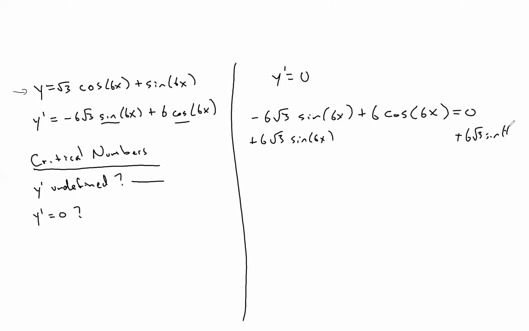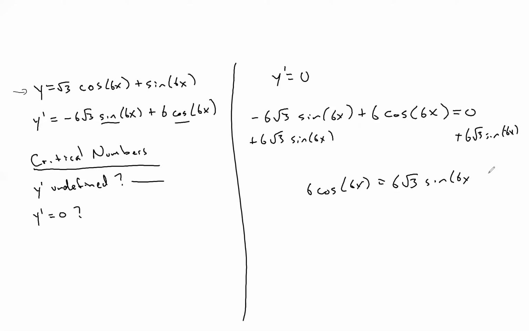There are other approaches we could take, but I'm just going to get this to where I have these different functions on either side. So I've got a 6 cosine of 6x equals 6 root 3 sine of 6x.